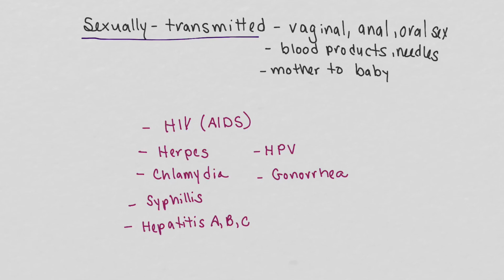Herpes, which we talked about before, chlamydia, syphilis, hepatitis A, B, and C, human papillomavirus or HPV, which we now vaccinate against in teenage girls or preteen girls, but not yet for males. And then finally, gonorrhea.